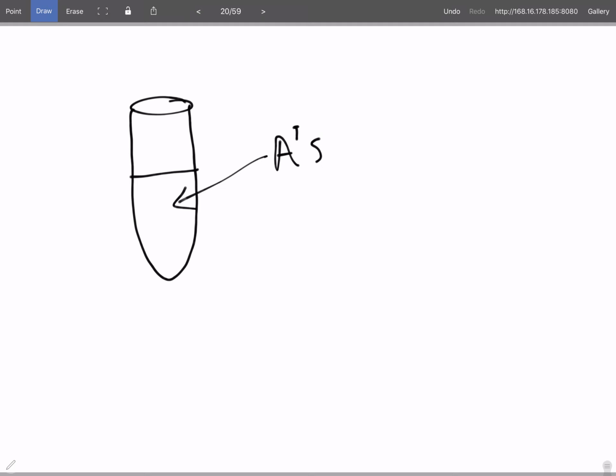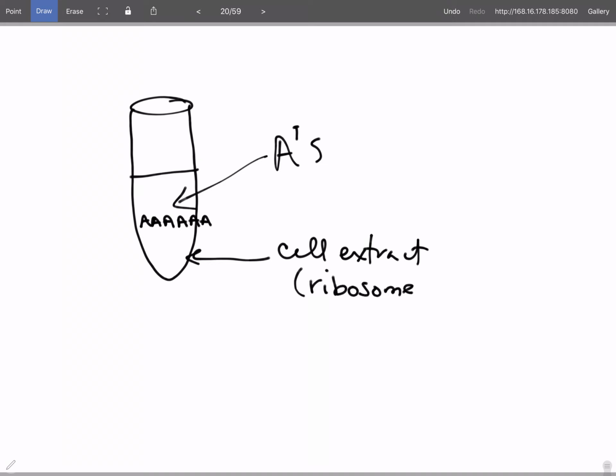So what you could do is add this enzyme, and you would get a string of A's, okay? So in this test tube, you'd have a whole bunch of A's, or you could have a whole bunch of U's, right? And so then what they did was they threw in a cell extract that had ribosomes in it, okay?